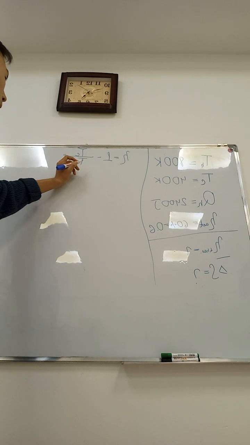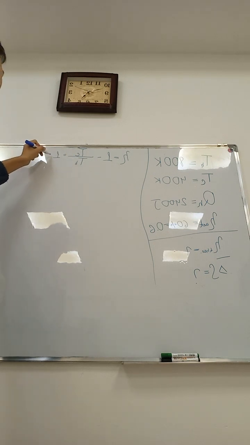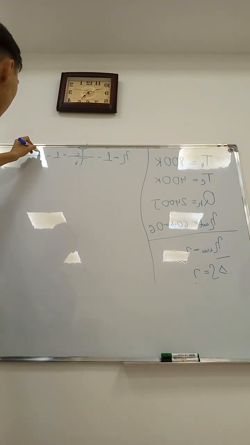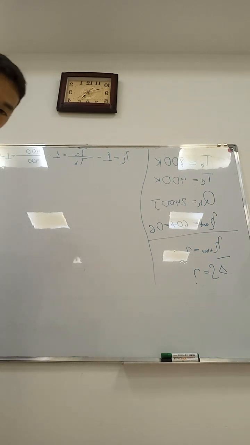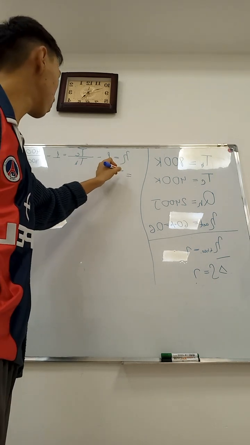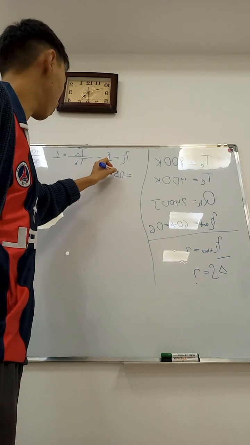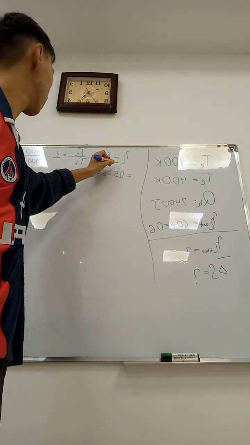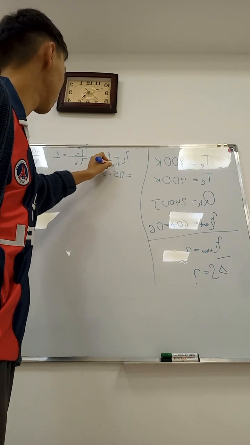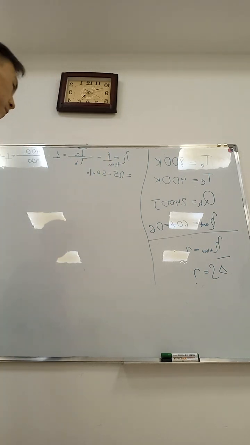With numbers, 1 minus 400 kelvins divided by 800 equals 1 minus 0.5, which is equal to 0.5, or 50%. There is the theoretical efficiency.